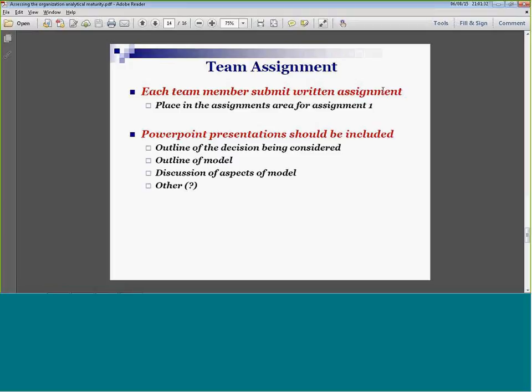In other words, it should succinctly, we're talking 5 to 7 slides or so, state: here's what I did, here's why I did it, here's how it came out, and so forth. Okay? And again, I know this is new and a little unstructured, but that's okay. So obviously there'll be 1 or more slides about the model. Any aspects you want to include, anything special about it you want to say? Fine.